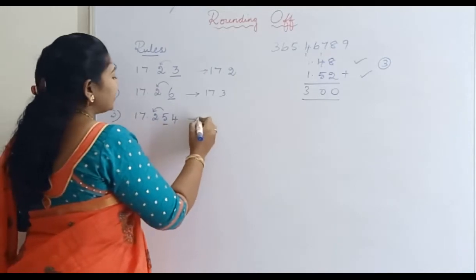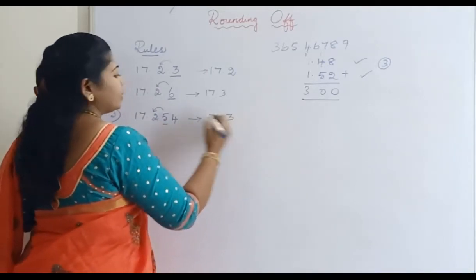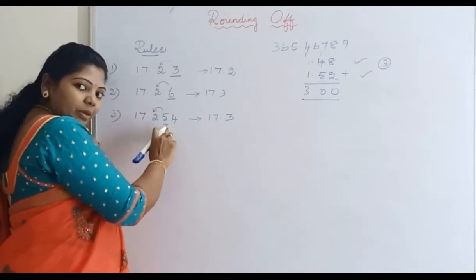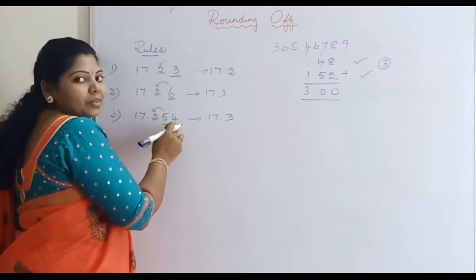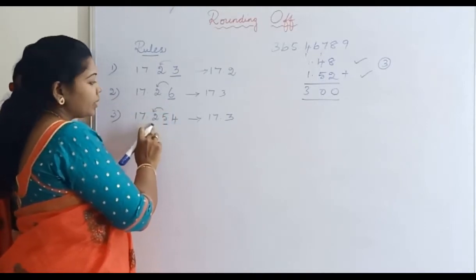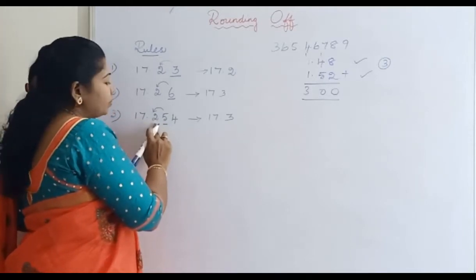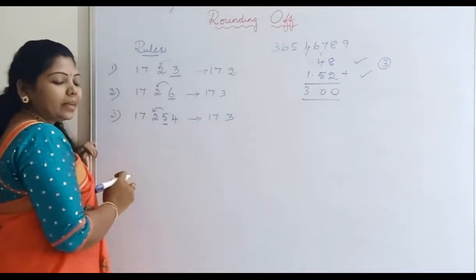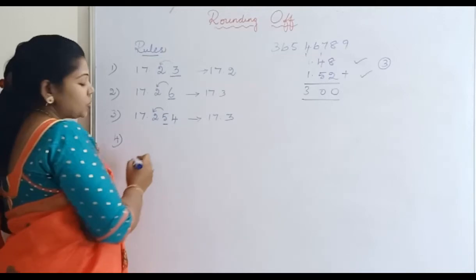Understood? So here it is rounded off to 17.3. So what is the rule? If the digit to be dropped is 5 followed by a non-zero digit, then the preceding digit should be increased by 1. So you should add 1 to the preceding digit. So what will you get? 17.3.